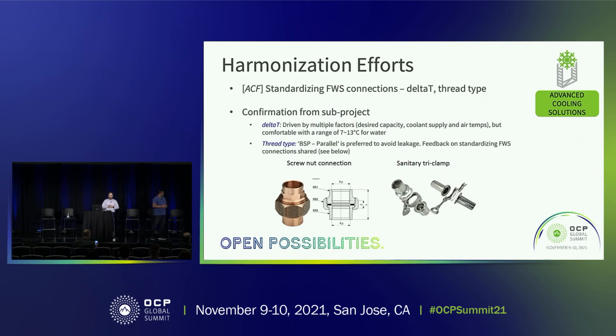There are many harmonization efforts. One of them was the connections and the delta T of the water temperature. We define the delta T of water between 7 and 13 Kelvin. So it means if the water is coming in at 30 degrees, it comes out 7 Kelvin or 13 Kelvin higher.